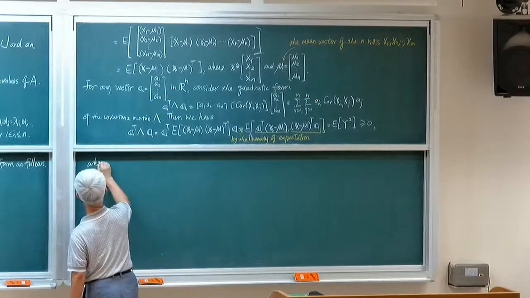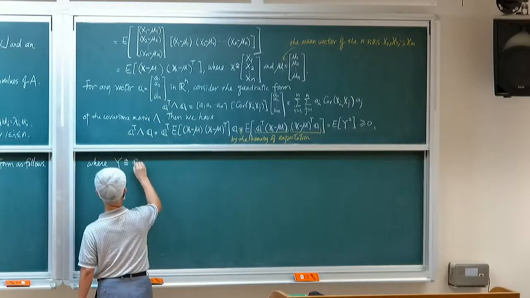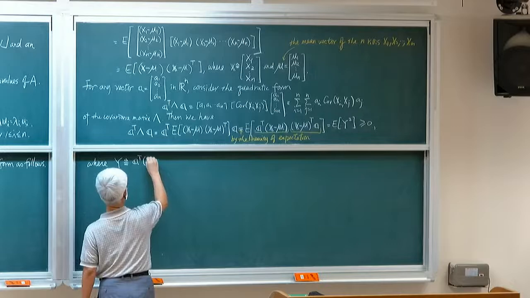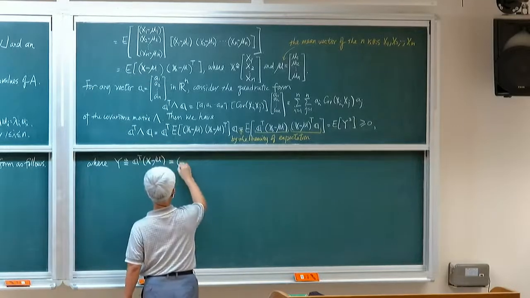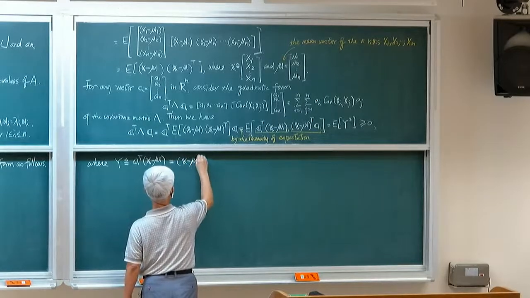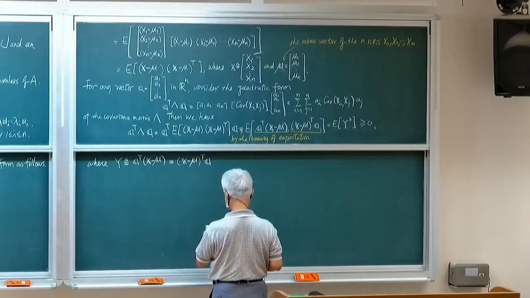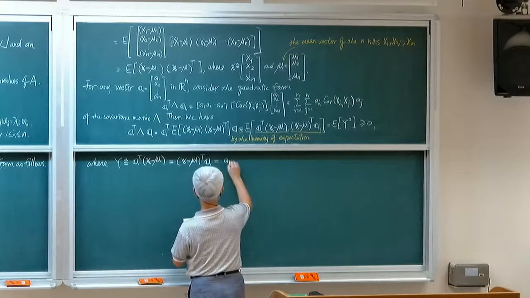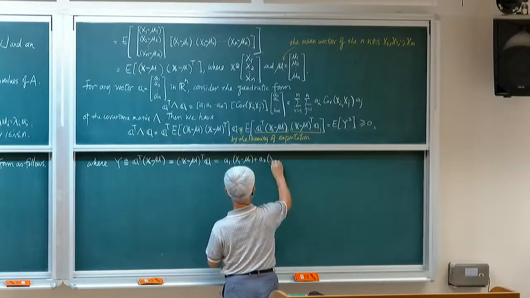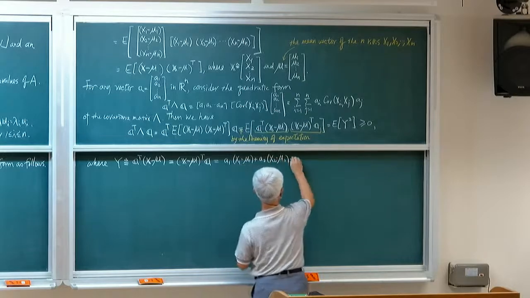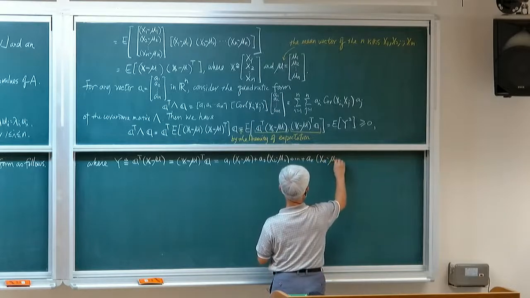Where y is actually this product, which is equal to a1, a2, up to an times (x minus mu).